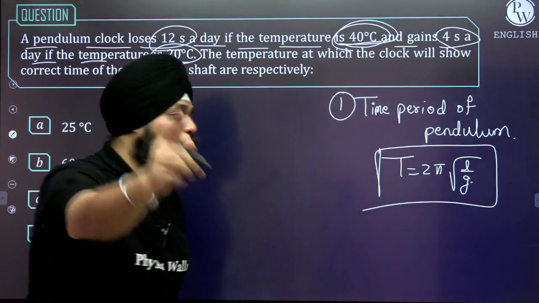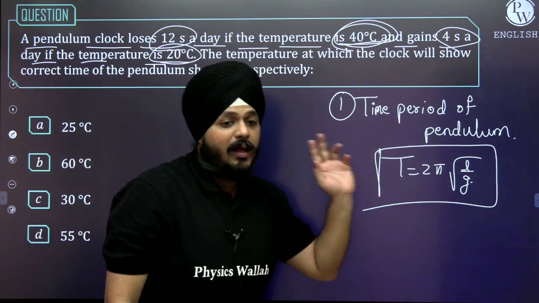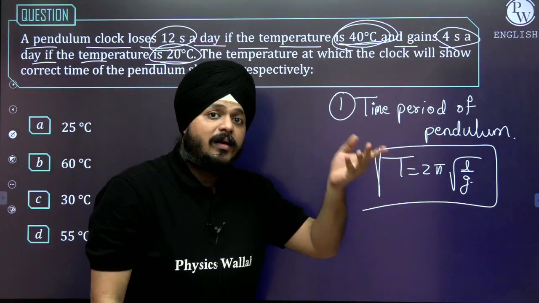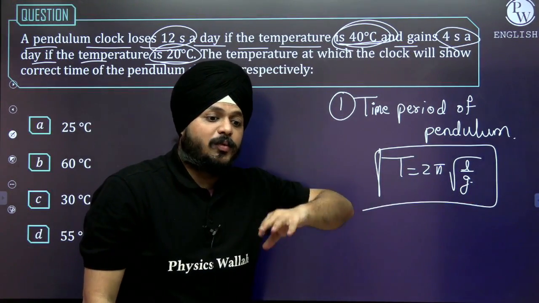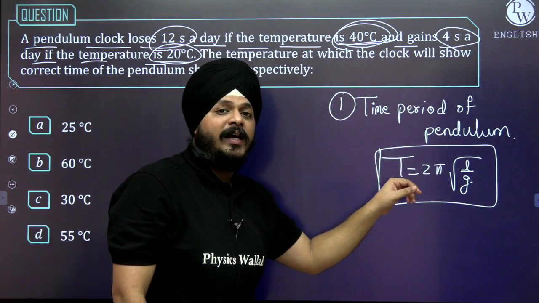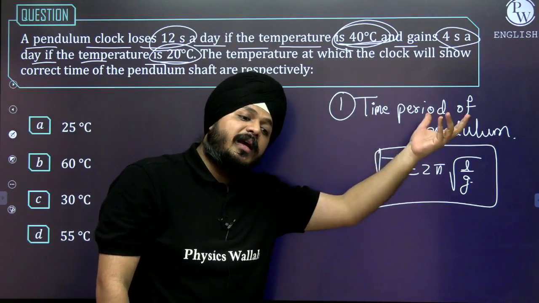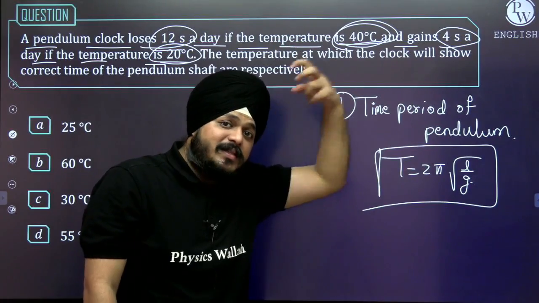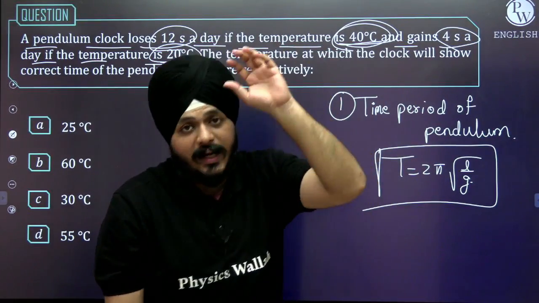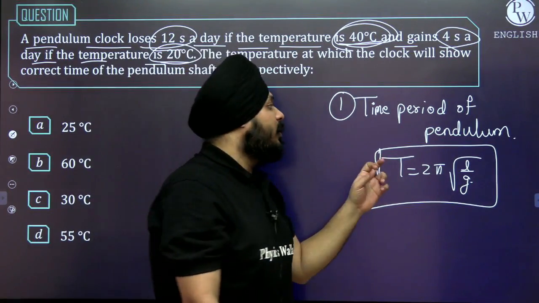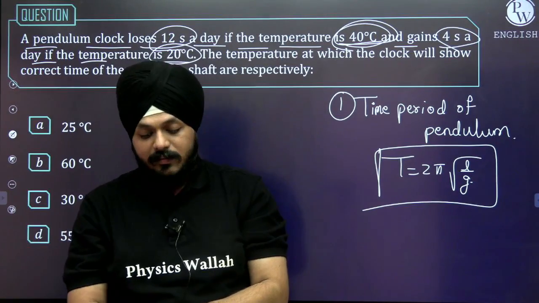Now I want to ask you all with degree why. As I said, physics entirely depends on the why. Suppose the time period is changing, temperature is increasing and decreasing. So with increasing, decreasing temperature, which physical quantity is getting affected, and because of that the time period is getting changed?